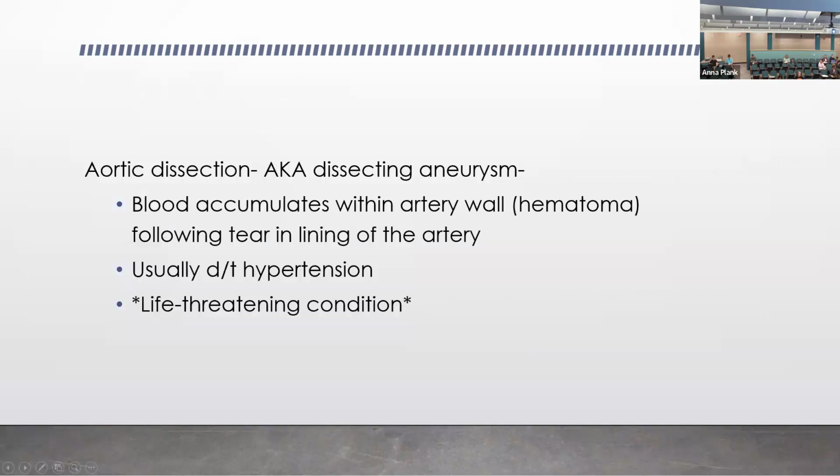Where we get concerned is when we have a dissection. Just like when we talked about atherosclerosis, you've got a little hole, a little scraping in the vessel, and the plaque comes and platelets fold on top of that. It all happens within that arterial wall. Same thing with this, only instead of plaque going in between that wall, it's bleeding. Blood accumulates in between. With each squeeze of the heart, every time the ventricle contracts, there's pressure.